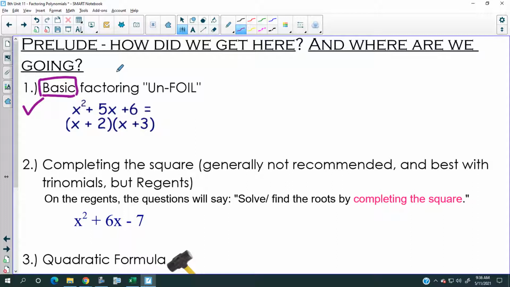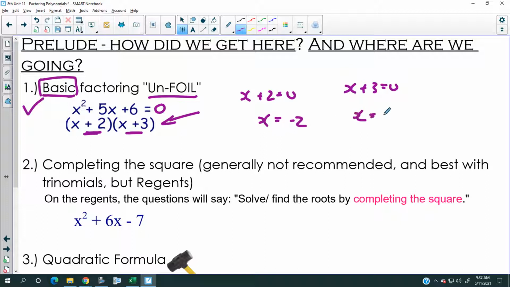By basic, I mean things that you can unfoil using the methods that I've shown you so far, where you get whole number answers. If you set this equal to 0, you would get x plus 2 equals 0, and then x plus 3 equals 0, and then you just solve for it. There you will get your zeros or roots, as we say.